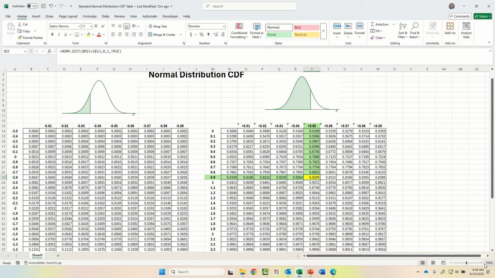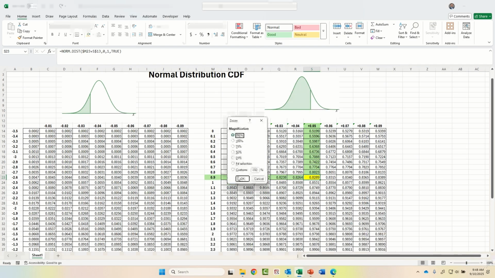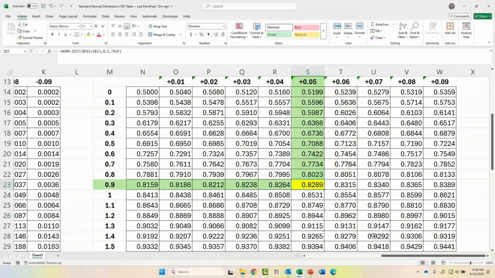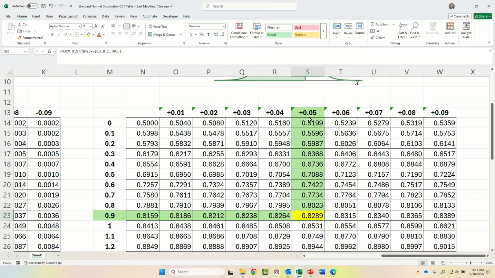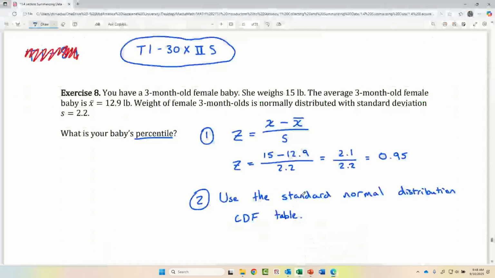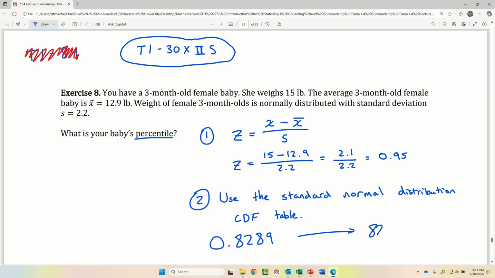Let's zoom in really quick so we can see what that percentile says. For 0.95, we've got 0.8289. So we found 0.8289 as our percentile. Of course, this is given to us off the lookup table as a decimal. If I want to convert that to a percent, I just have to multiply by 100.